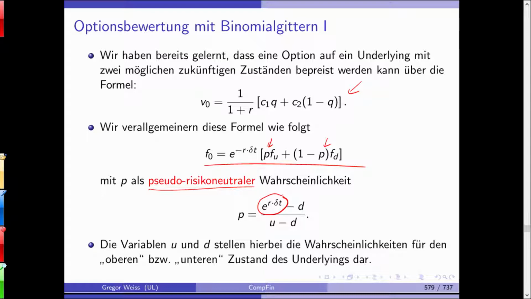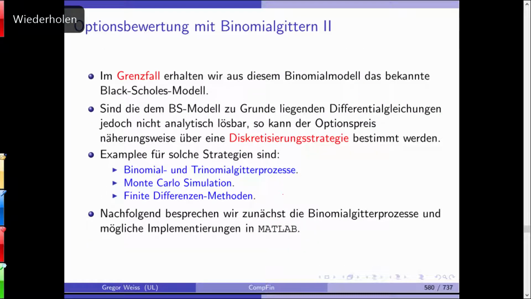Again, U and D, those are the factors for the underlying to go up and to go down. And one can now try to use a binomial model, a trinomial model, or later on even a Monte Carlo simulation and finite differences to discretize this model.